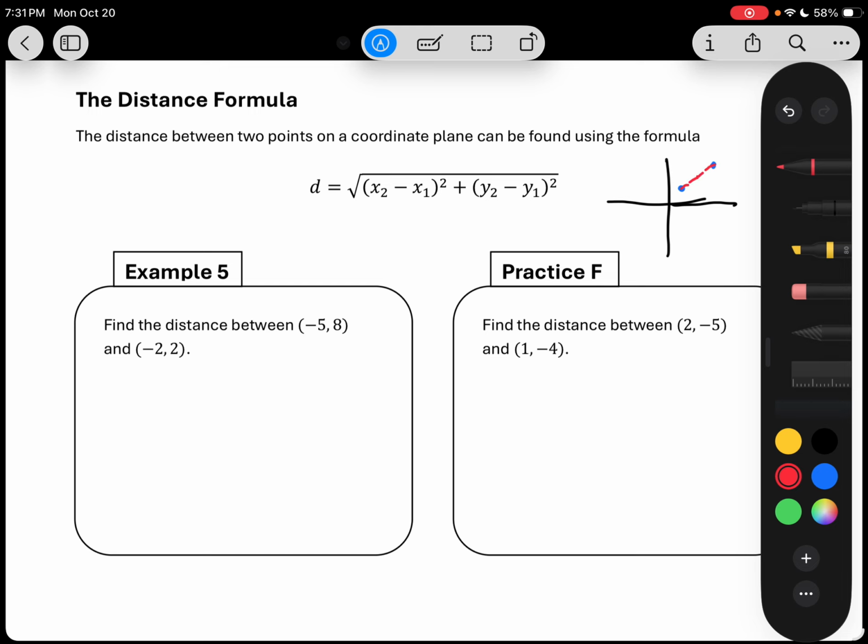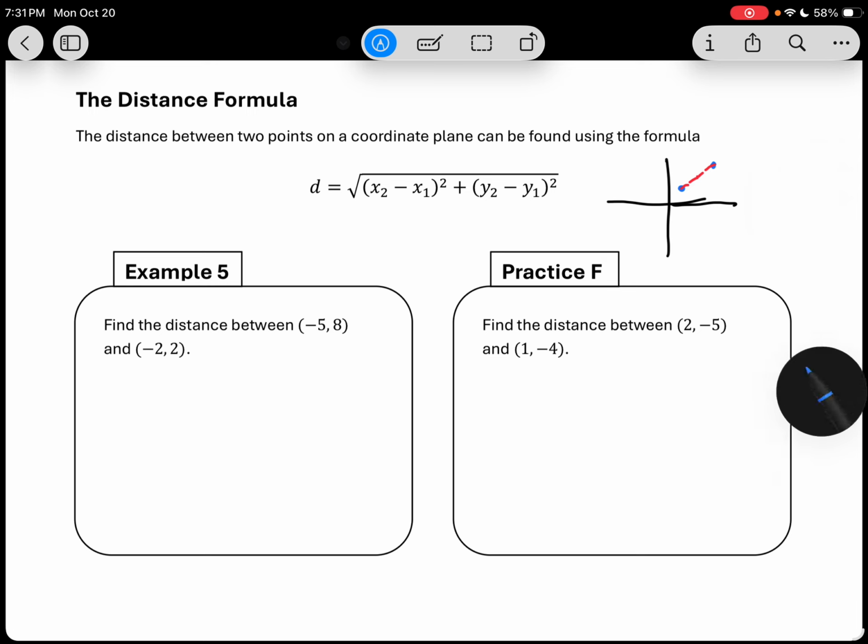But since we know that those points are going to have a coordinate, like an x and a y, then we can use this distance formula that says take the second x coordinate and subtract the first x coordinate, and then take the second y coordinate and subtract the first y coordinate, square those results, add them up, and take the square root. And that would be the distance in between them.